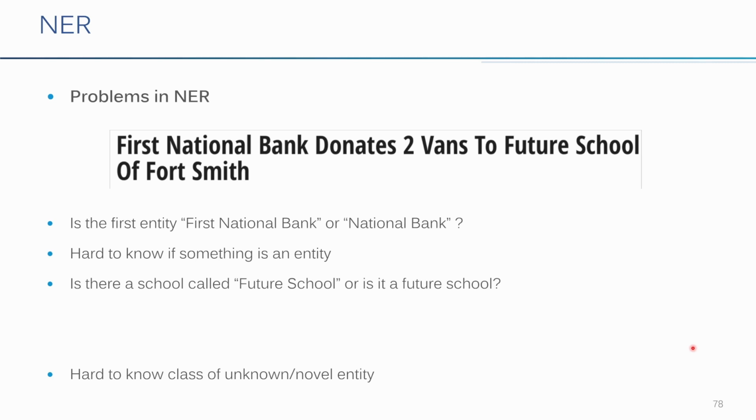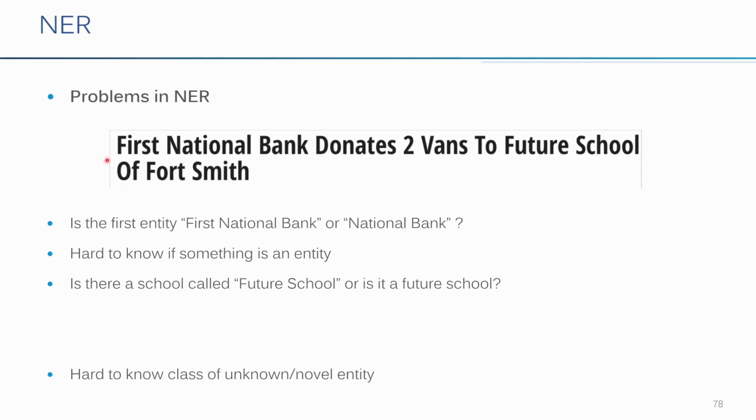Just to give you a more concrete example of how this happens, imagine that you have to identify the entity in this news excerpt right here: the First National Bank donates 2 vans to Future School of Fort Smith. If we're trying to classify this as an entity, it's not very clear whether we're talking about the First National Bank, or First National Bank is the actual name of this entity.